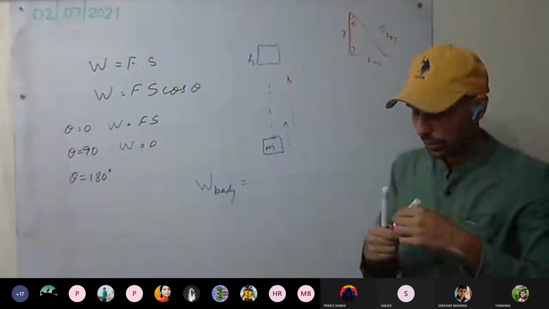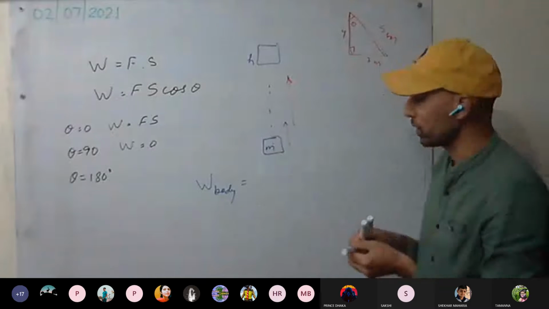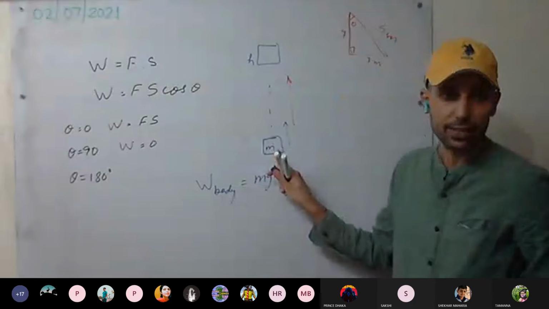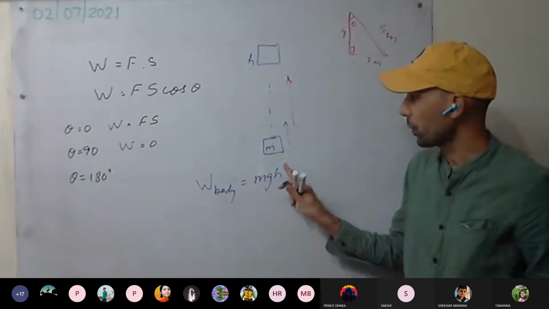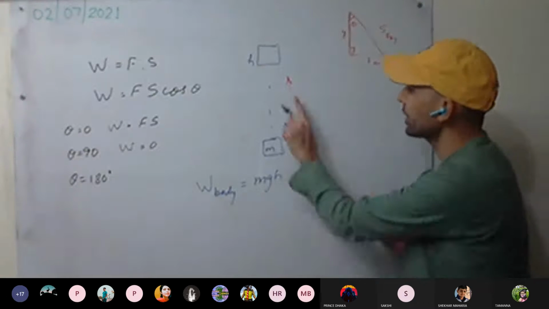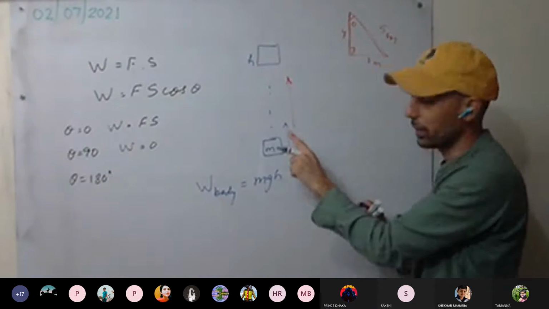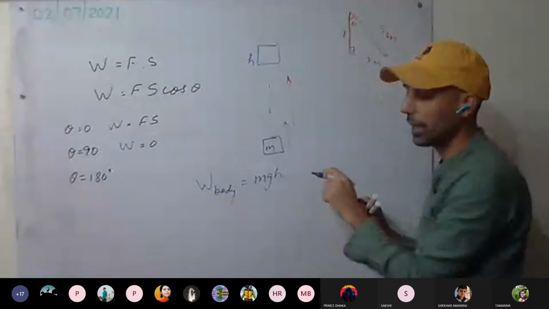Displacement is also in the same direction. So work done by the body will be mgh. Since the body has to work against gravity, how much force does it have to apply? mg, and it is moving in the same direction as the displacement. So work done by the body is mgh.